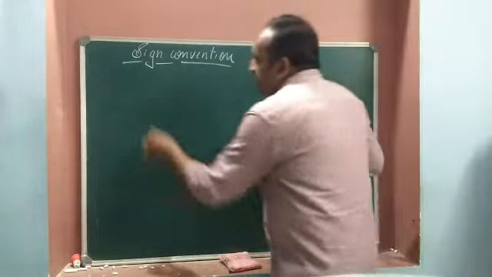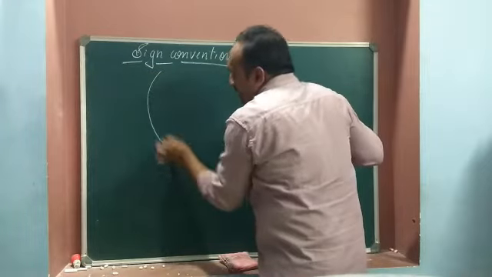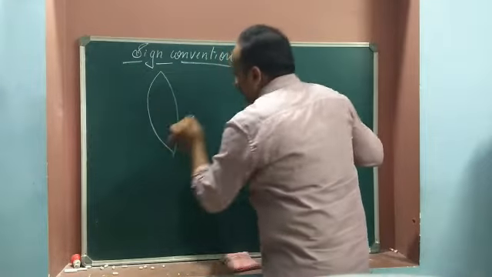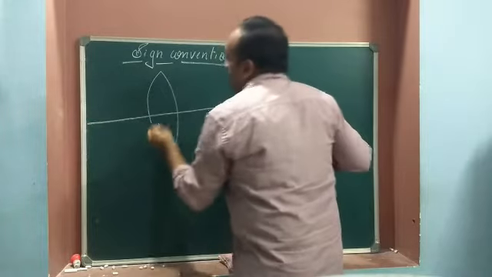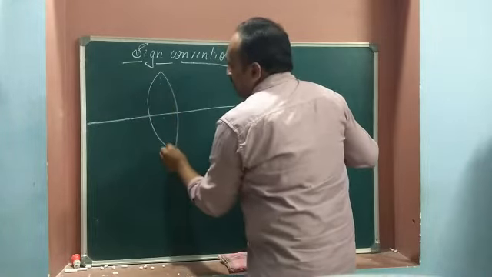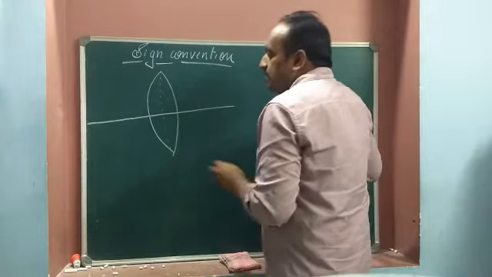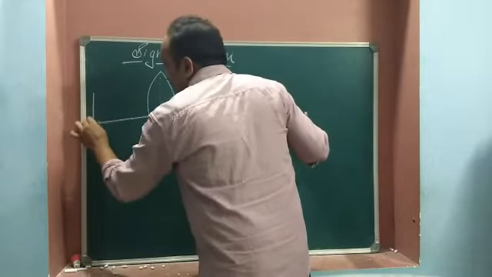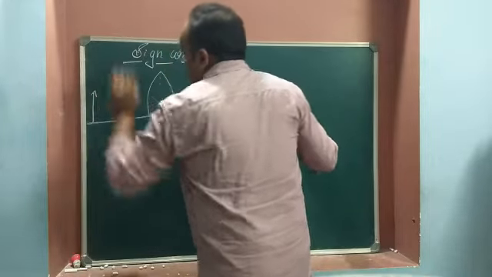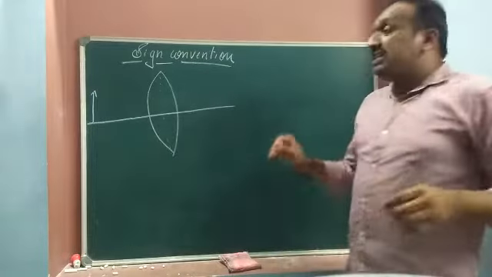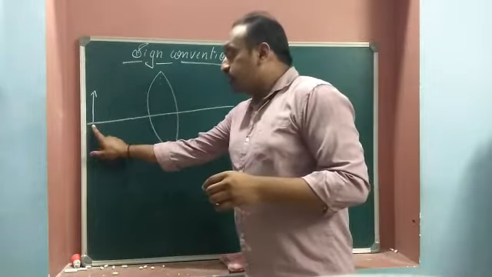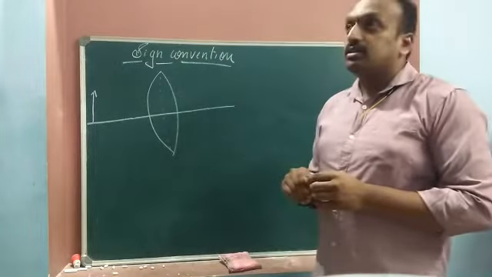To explain that one, I will use a lens, principal axis and a normal. Let me draw an object here. I want to know the distance of this object from the lens.